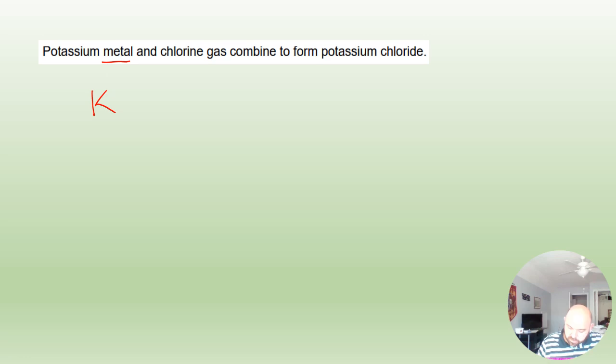Now, in contrast to that, it says there's chlorine gas present to react with our potassium metal. And so when they say chlorine gas, they also mean that chlorine is in its elemental form.